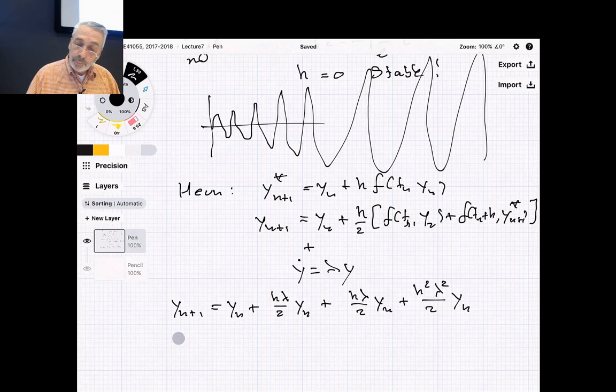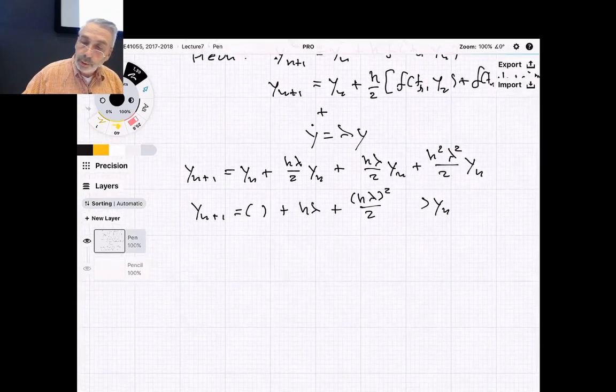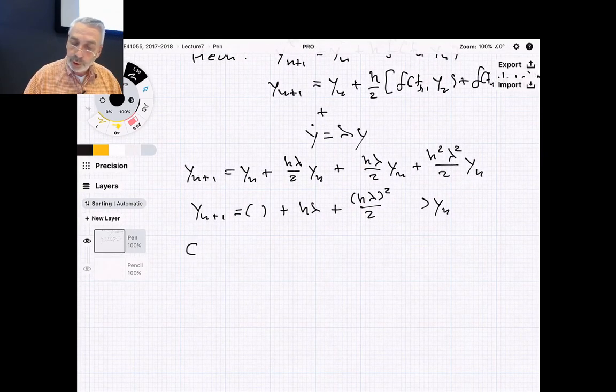Or in other words, the amplification looks like this. It's all yn. It's a 1, of course, from this guy. Then we take these together, so plus h lambda plus h lambda squared over 2. So apparently the multiplication factor c of h lambda is 1 plus h lambda plus h lambda squared over 2.